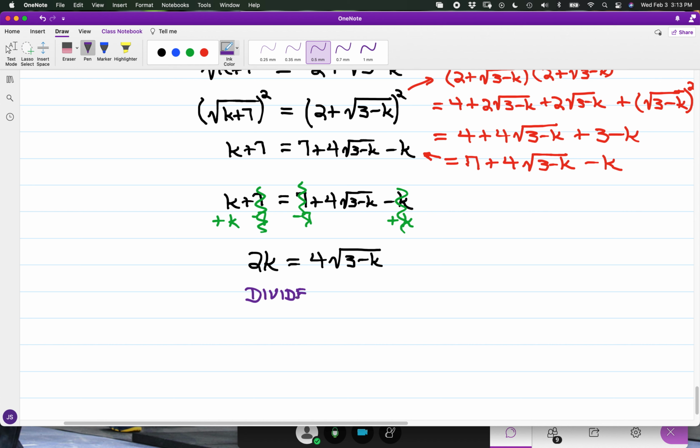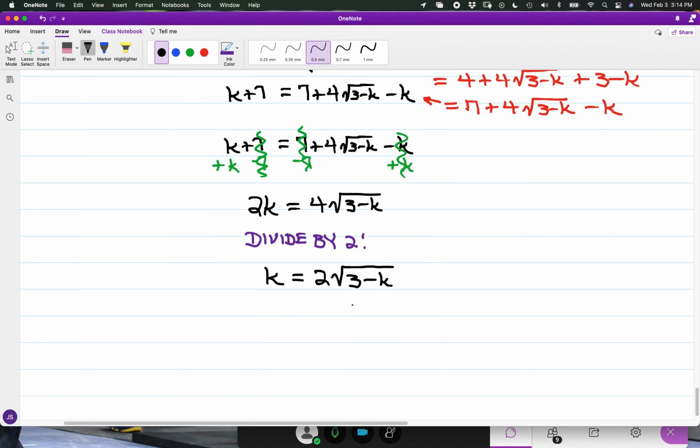So you could either divide by 4 or divide by 2, or go ahead and square both sides in the follow through. I'm just going to divide by 2 to at least go from 2k to k itself. So I got k is equal to 2 times the square root of 3 minus k.